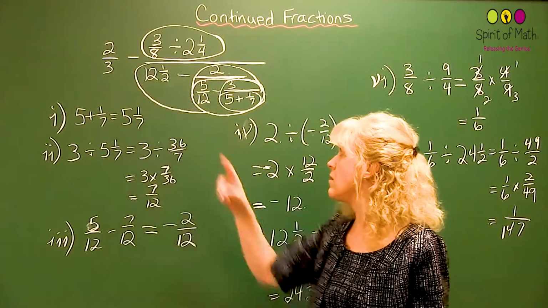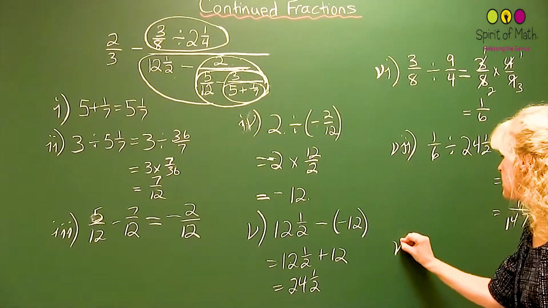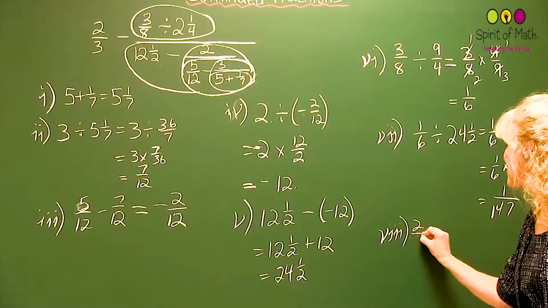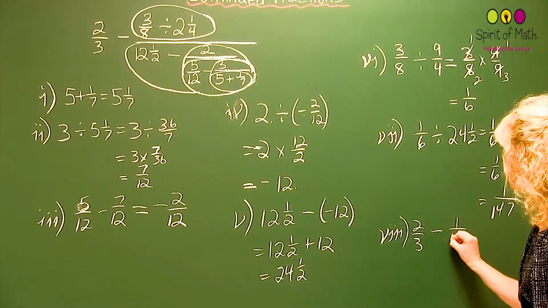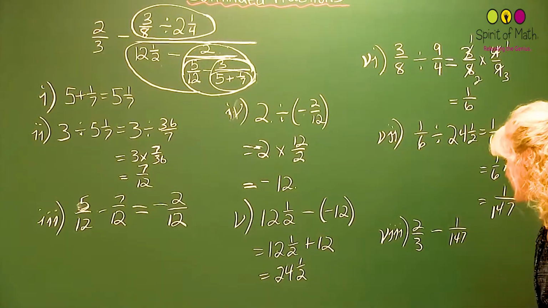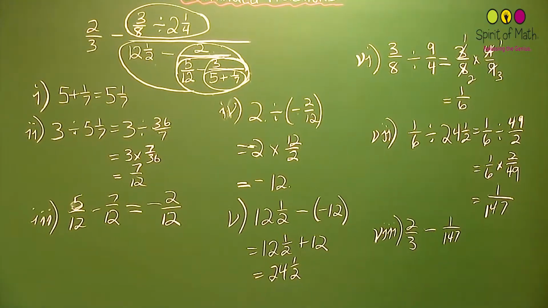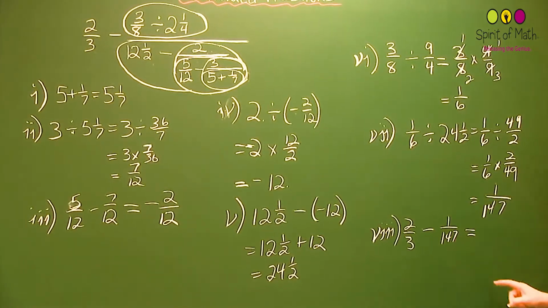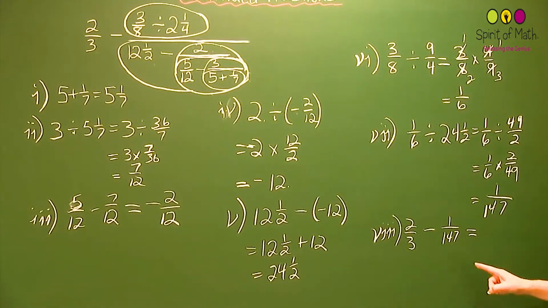All right, so next step, the last step, is to say 2/3 minus 1 over 147. Now what you have to do is find a common denominator, and 3 will go into 49 times, it looks like.